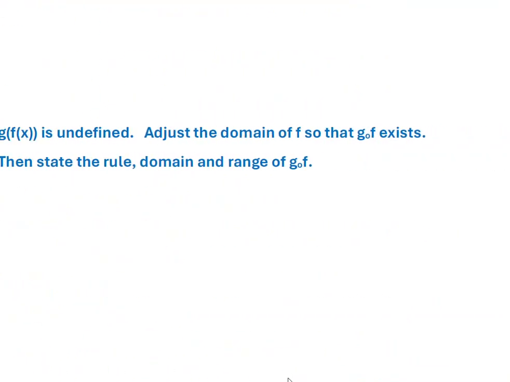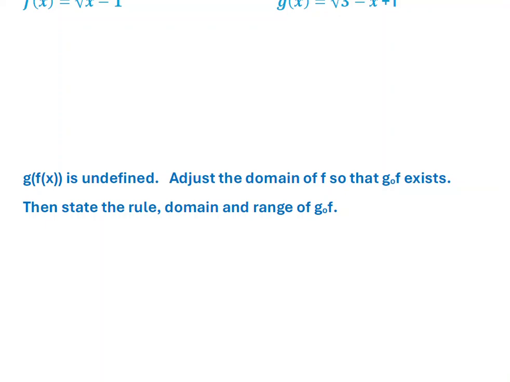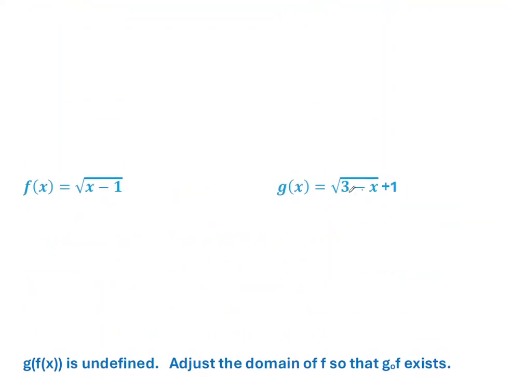The second example looks at f of x and g of x. And f of x is a square root function. It's moved over to 1 and shoots like this. And this one has been moved over 3 units, shoots the other way, but has been moved up 1.